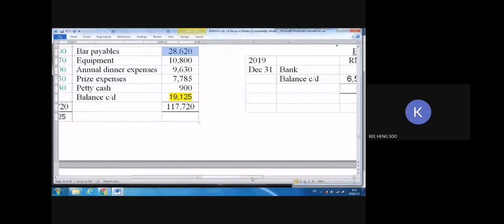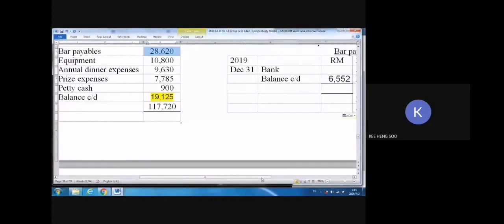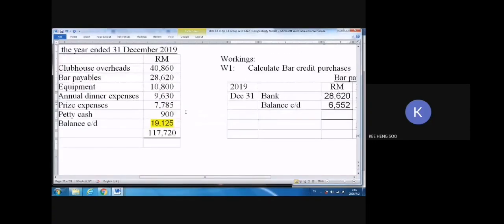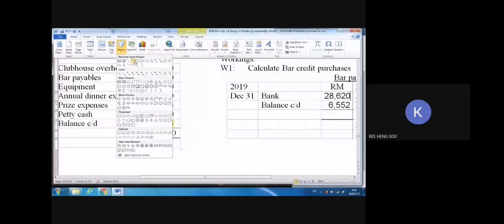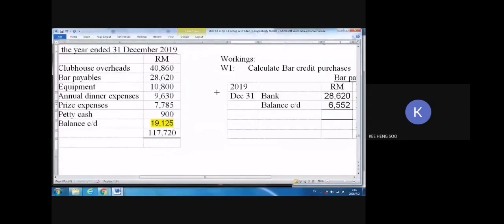In the bank account, you can get 28620. So you just record here 28620. So this figure is transferred here. Your bar payable is here, 28620.